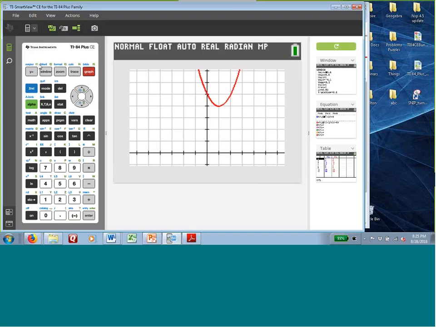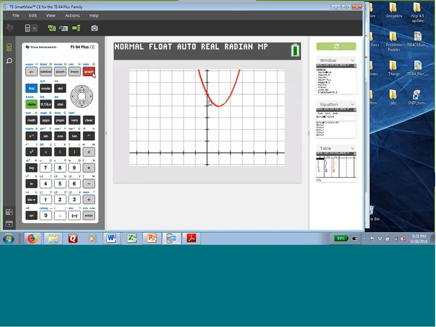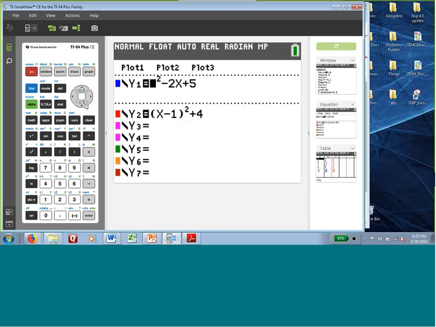What I want to do is think about what would happen if I took this vertex form, this parabola, and I flipped it upside down. And what would I have to do to vertex form to make it flip upside down, to reflect it over its own vertex? The vertex will stay the same, but the leading coefficient will have to be negative.